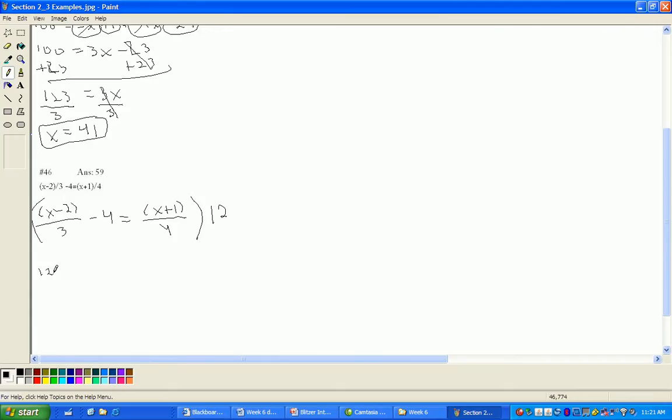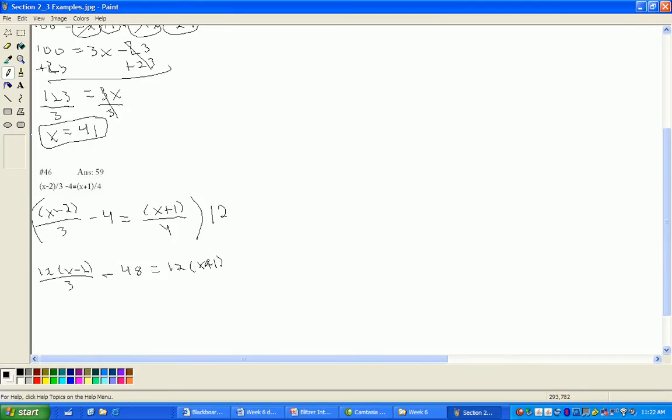divided by 3. 12 times negative 4 is going to be negative 48 is equal to 12 times x plus 1 over 4. Now you're saying, how did that help? It just looks more confusing.